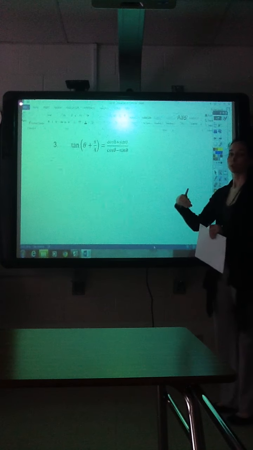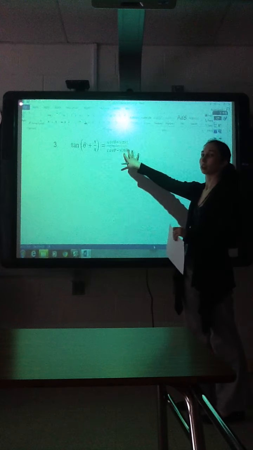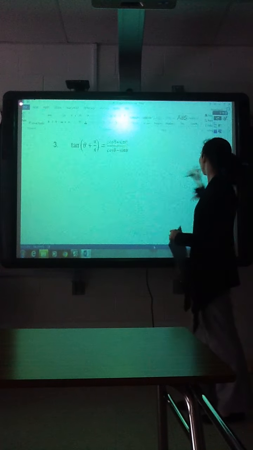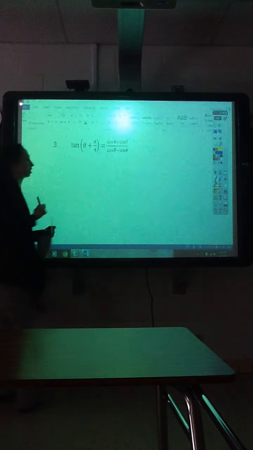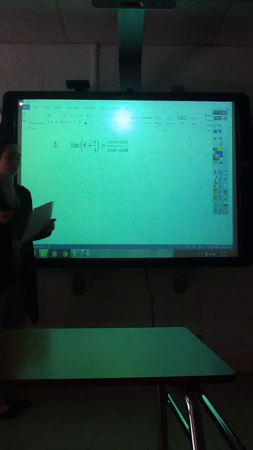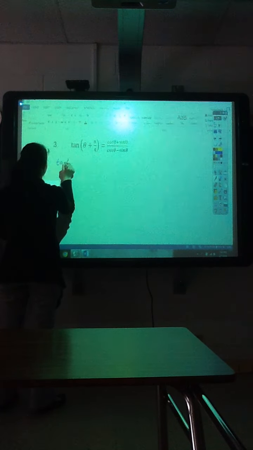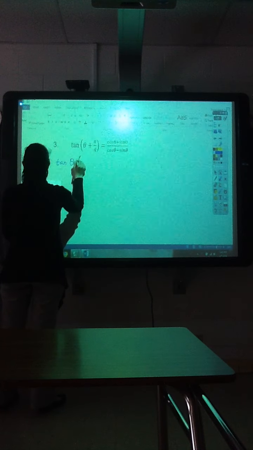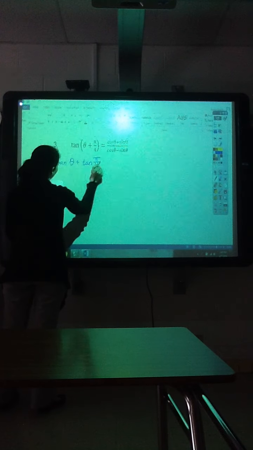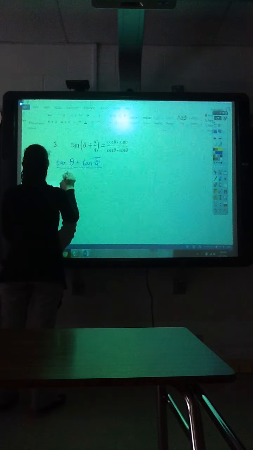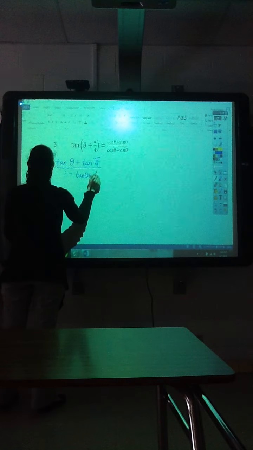If you're looking at the two sides of this equation, you should be realizing that we definitely want to leave this right side alone, and the left side is the one we're going to want to mess with. So, I'm going to split the tangent up using the tangent sum and difference formulas. The tangent sum formula is the tangent of the first plus the tangent of the second over 1 minus tangent of the first times the tangent of the second.